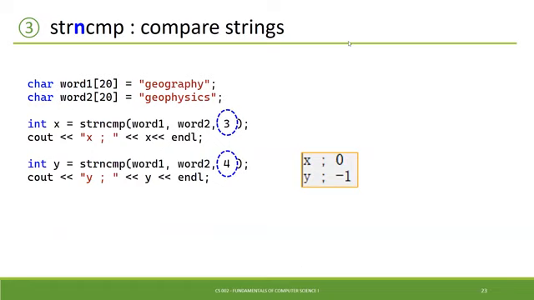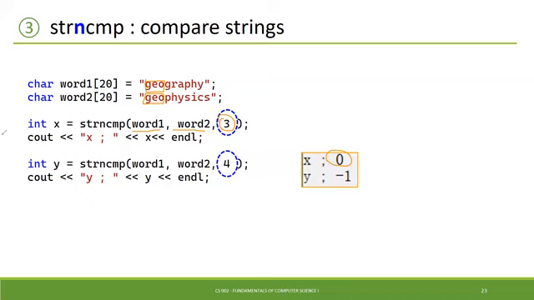And strncmp means partial comparing. I have two words, geography and geophysics, and it means compare word 1 and word 2, only 3 letters. So the computer will compare GEO, GEO, only 3 letters, and they are the same, so the first result is 0.